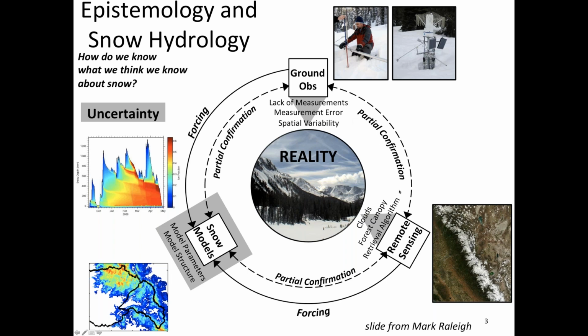We have ground observations and remote sensing, and each of them can give us partial confirmation, but not everything. So part of our goal is to try to be as thoughtful and do as much detective work as possible to figure out if our models are doing what we want them to do for the right reason, and giving us answers that help inform us about our ultimate goal, figuring out reality.